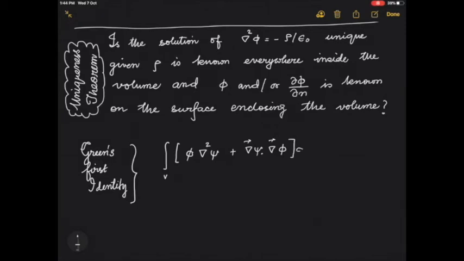This was true for any two scalar functions which are well behaved inside the volume.